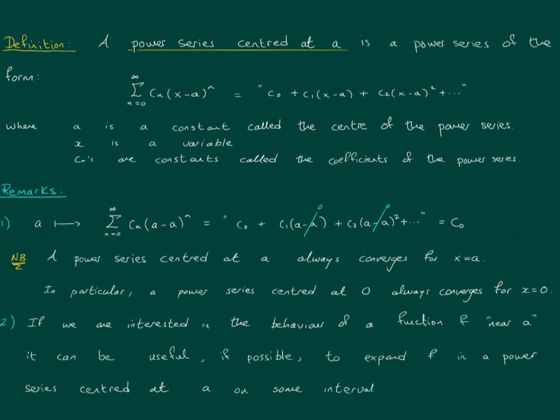Now I should say you can always expand it on the interval just a, like the 0 width interval, but if you can expand it on a non-zero width interval, then it can be useful, because if you look at the terms, you have your c0 plus, and then you're going to have c1 times x minus a. So when x is close to a, those x minus a's are very small. So you can approximate the behavior of your function by taking the first few terms, and we'll see that later on. That's the philosophy.